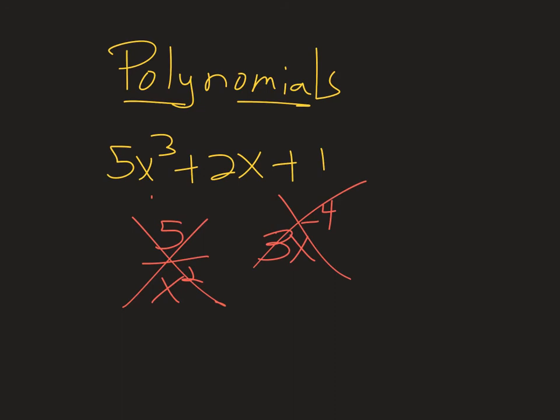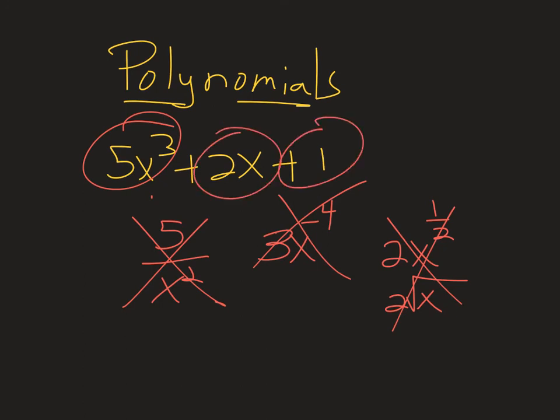If you have something with a fractional exponent, like 2x to the 1/2 power, or 2 times the square root of x, those are not polynomials. So polynomials have positive exponents, and each term is added or subtracted from each other. These pieces are called terms, and together they make up the polynomial.